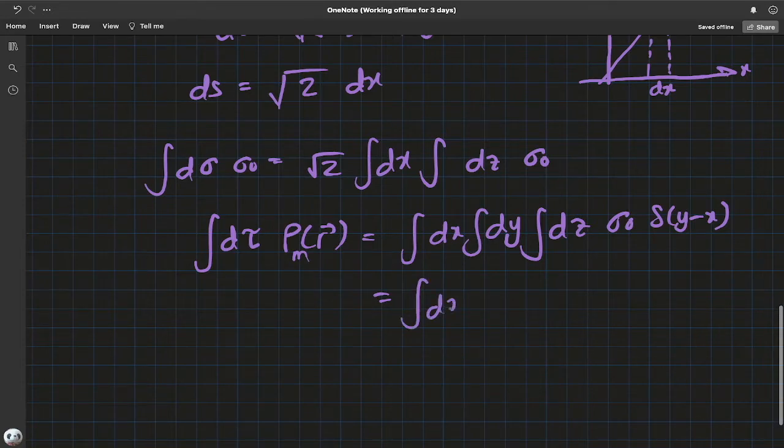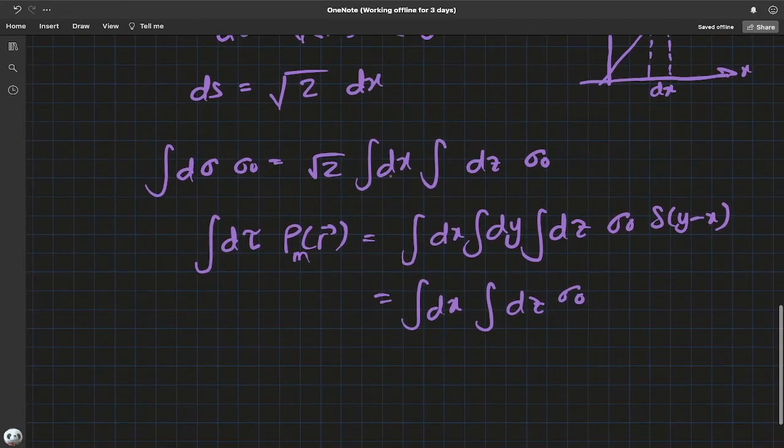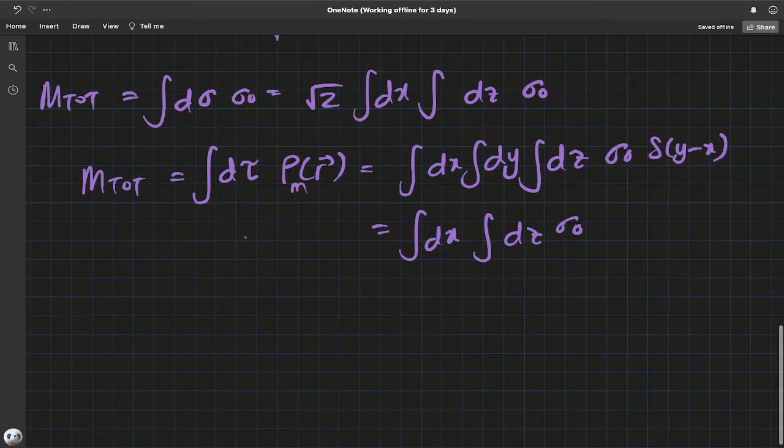So we just have the dx integral and the dz integral of sigma naught. You notice both of these should be equal, right? Because both of them just represent the total mass. Now there's a contradiction, and the contradiction is because of this root 2 factor, which means our initial guess was incomplete, more than wrong. It's constructive to say it was incomplete.